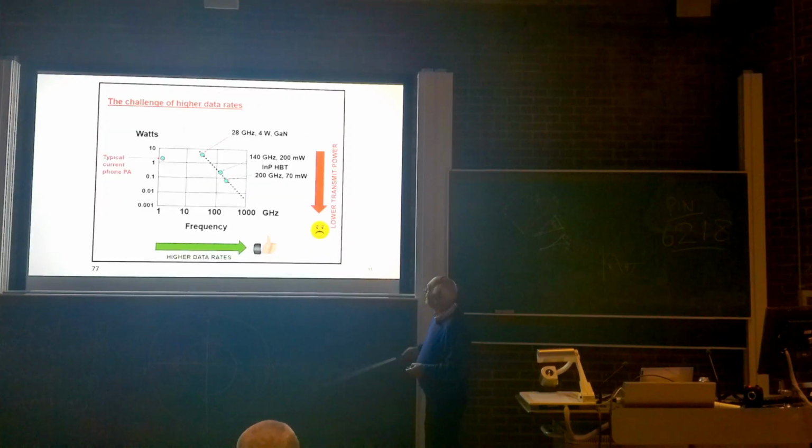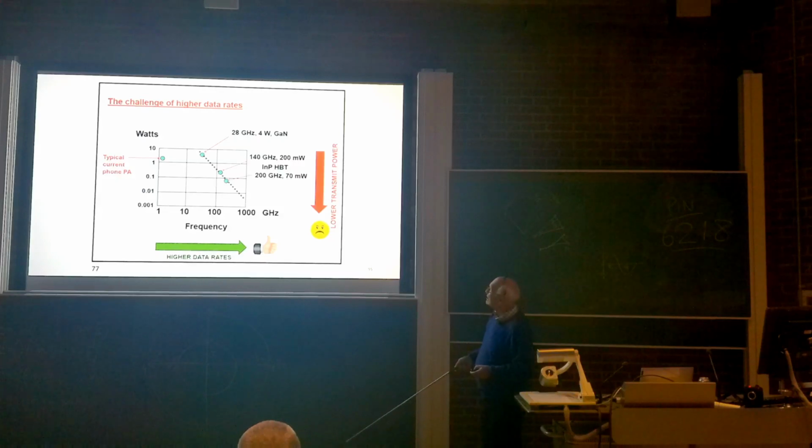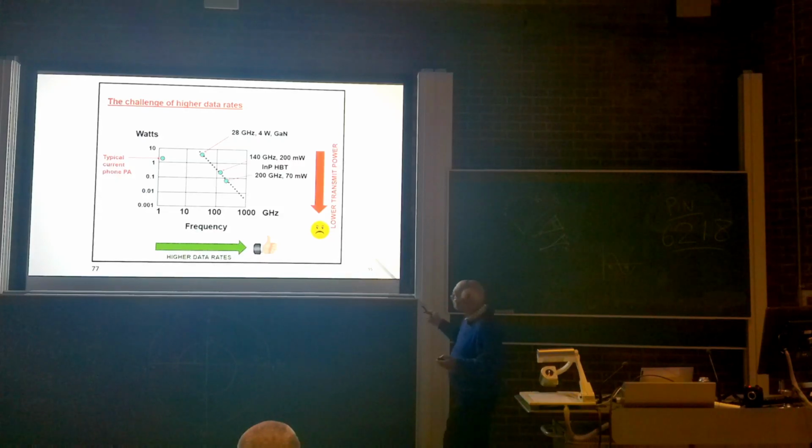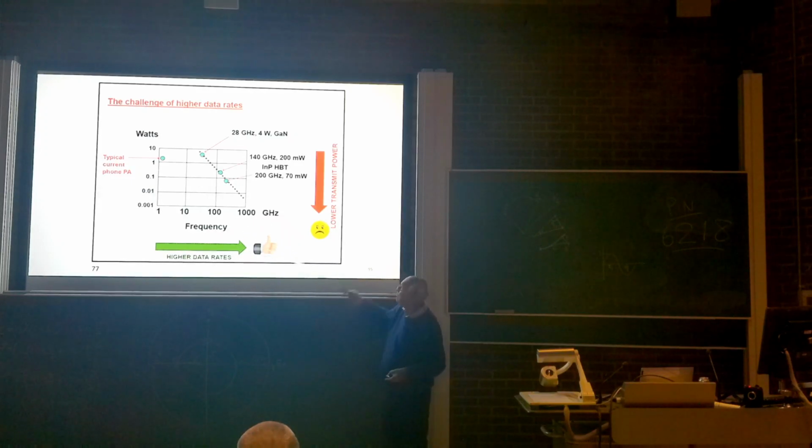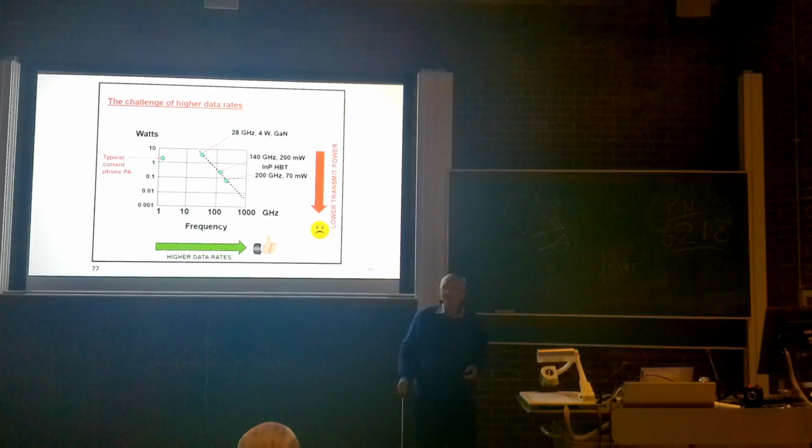But anyway, that is the challenge of higher data rates. In a nutshell, if you want higher data rates, you go to higher frequencies, but the price you pay is that you can only achieve lower transmit power, so it's a trade-off.